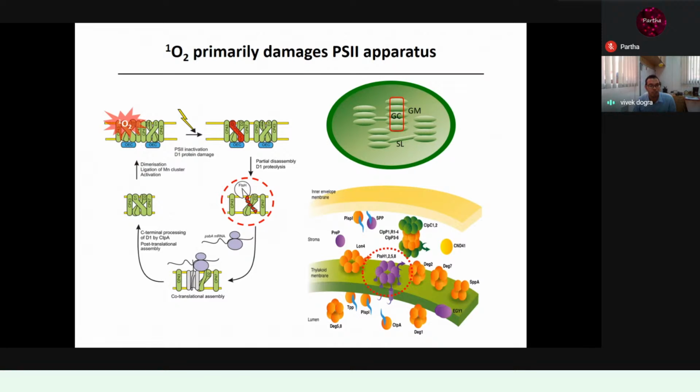This process is called photosystem 2 damage. And this damage then undergoes a repair process, where the damaged protein is degraded, and a newly formed protein is inserted into the complex, and then the complex goes back to the active form, and it starts working again.